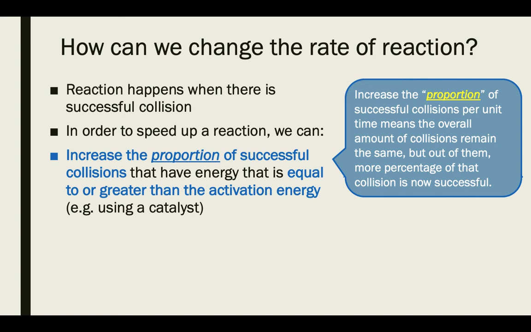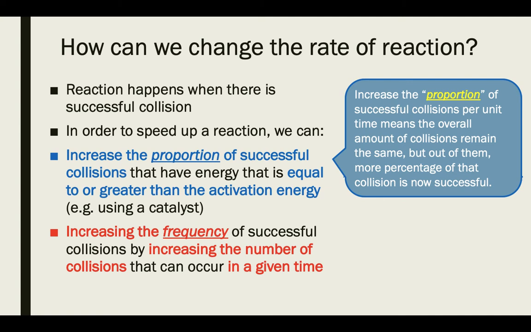So can we maybe also increase the overall amount of collisions within the unit time? Yes, we can. That is, if we could increase the frequency of successful collisions by increasing the overall amount of collisions that could occur in a given time.